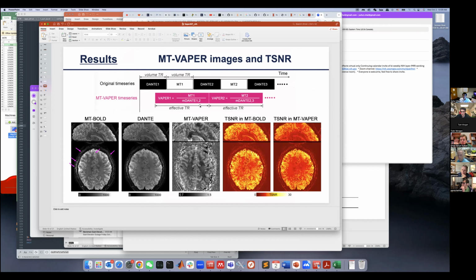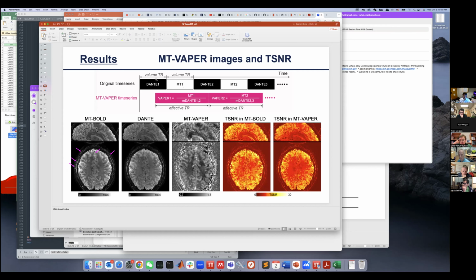So if I understand correctly, your MT1 is similar to Dante, which is 1 minus CBV together with T2 star weighting, right? Yes. And then MT1 is the CBV together with T2 star weighting, with some residual tissue because MT cannot suppress all the tissue.